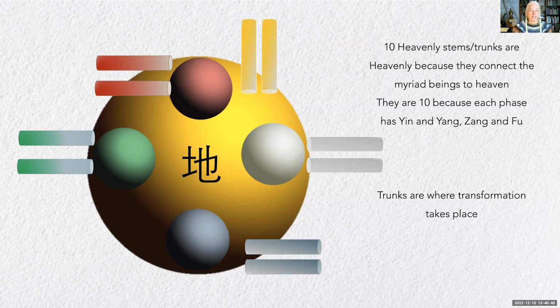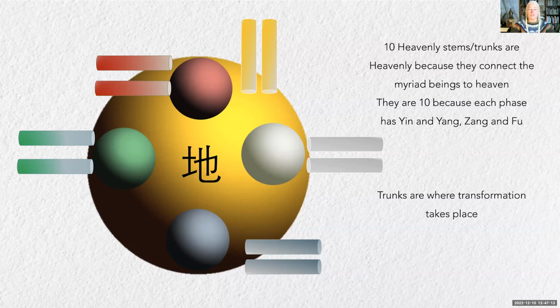So we all know that. And so the trunks in trees are where transformations take place. We have this idea that the branches with the leaves are receiving all these influences from heaven, and where it starts to transform and turn into form is in the trunk.